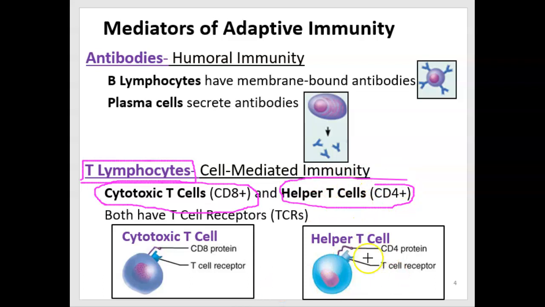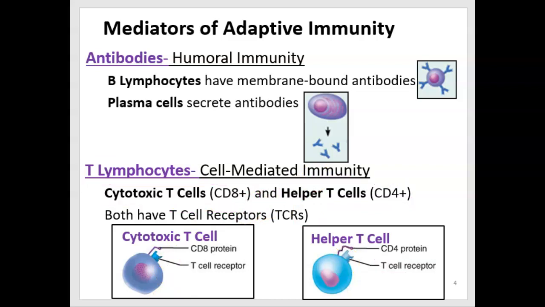But both of these T lymphocytes have this thing that I mentioned previously called a T cell receptor that binds to the pathogen or the antigen right there. And once it binds, it's activated, and a host of things are going to happen within the body to fight against further infection with this agent.